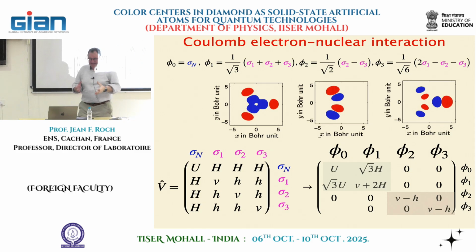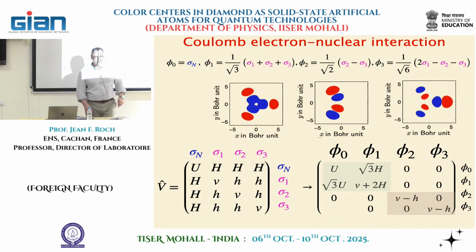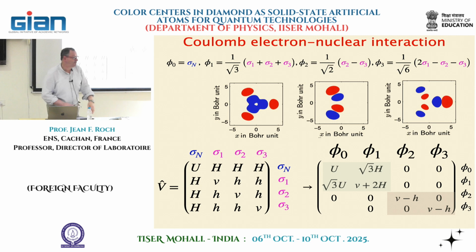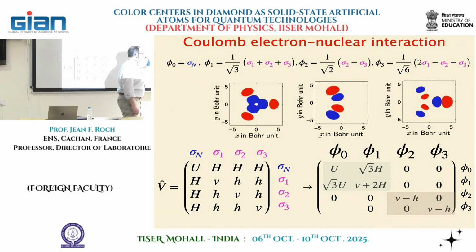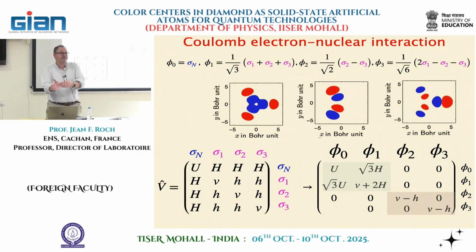So I have simplified my problem. And now they are diagonal. So I know already that phi2 and phi3 will be eigenstates of my system. They will be degenerate with the energy V minus minus. And this I can expect, since X and Y are equivalent directions in the system.